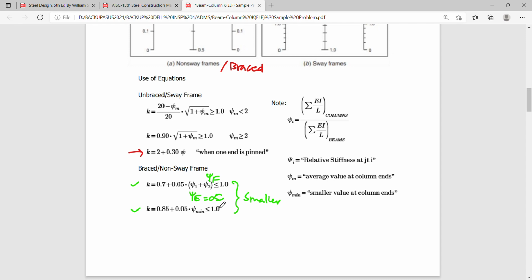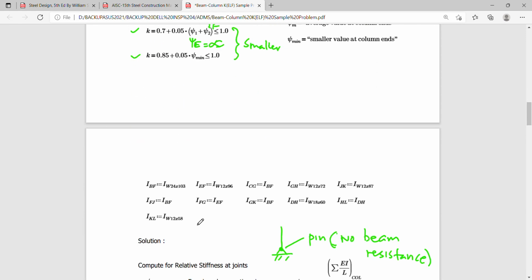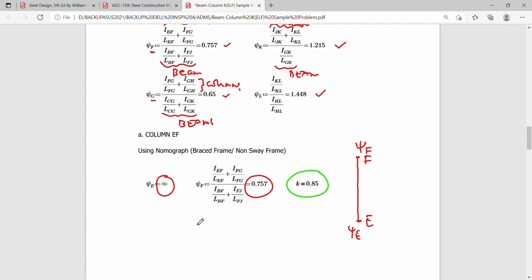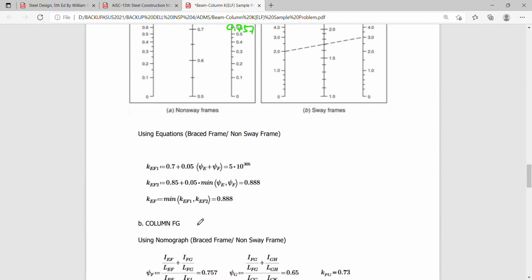So I have to use the second formula, 0.85 plus 0.05, as my option. In this particular equation, my K is actually a very big number, so I cannot use this value.